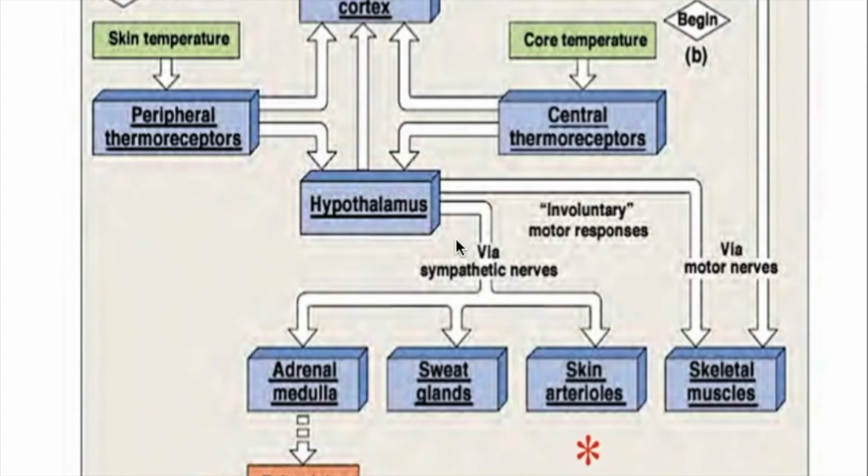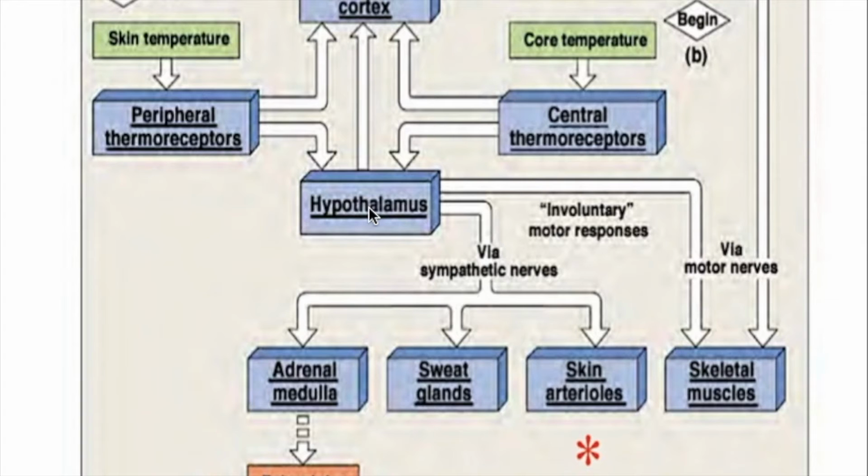So far, you have covered how the changes in temperature are detected by the detectors, and how the messages of the thermal change are carried to the center, which nerves carry these signals to the hypothalamus. So the hypothalamus, now have a look at this picture.